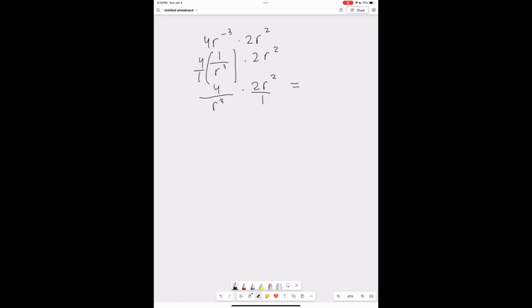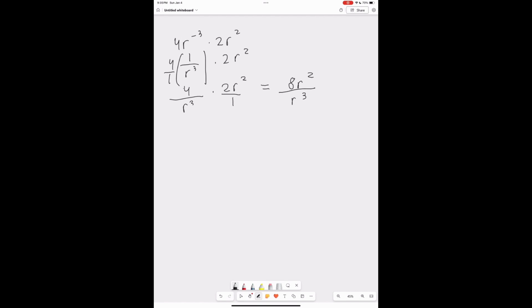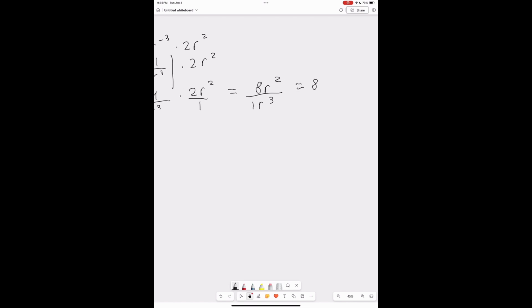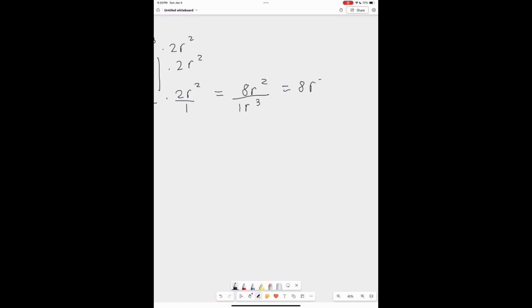And now we're going to get 8r squared all over r cubed. So the 8 is going to stay. I know I'm going to have an 8 on the top. And then 2 minus 3 is what we're going to get, a negative 1. So r to the negative 1 on the top, because when we subtract, the result always goes with the top.